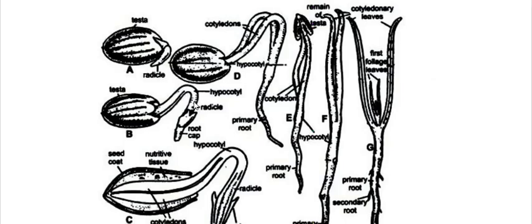This elongates and this radicle is also developed and it matures and produces the primary root.